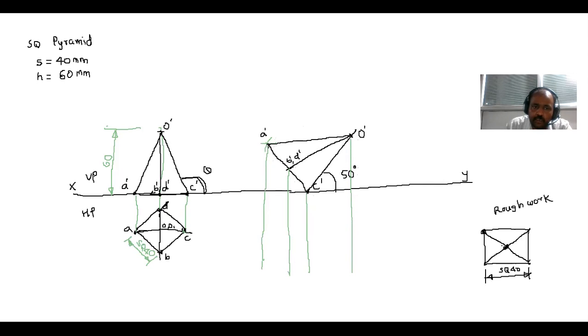Now from D, draw the horizontal light lines. From A and C, project the light lines. From B, project the light lines.